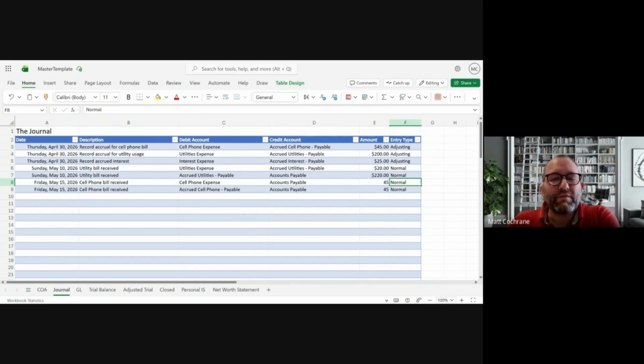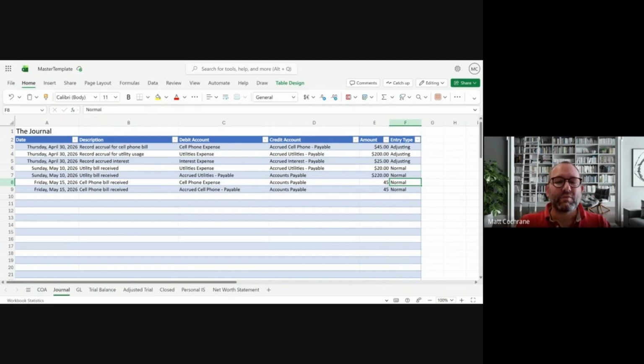So there's a number of different entries that we have to take care of here. The first is a debit to our accrued interest. Okay, we're clearing out that accrued interest from the accrued interest account. That's 25. In addition to that, we have to account for the $25 of interest expense that has accumulated.